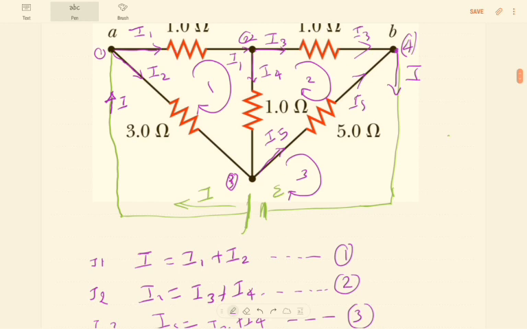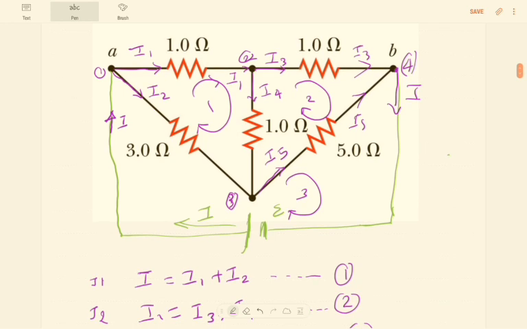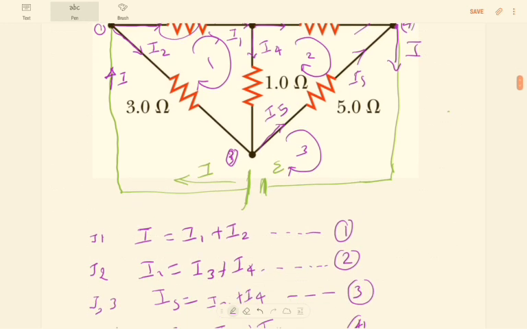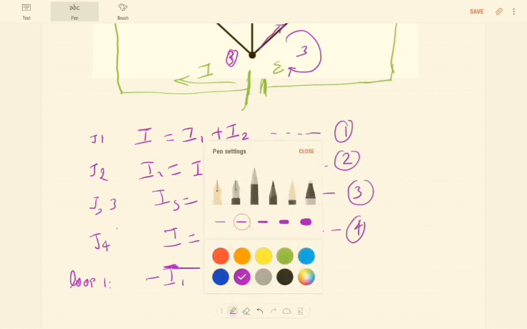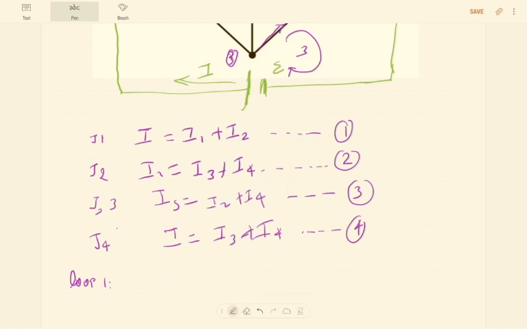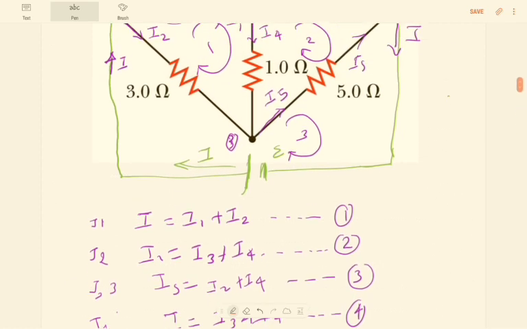Okay, so now ምን እናያለን? Loop 1 ላይ, here the current and the direction of the loop as you see here is in the same direction at 1 ohm resistor. So the voltage at that resistive element is minus I1. Let me use red pen for better clarity. So here I1, minus I1 of voltage drop.